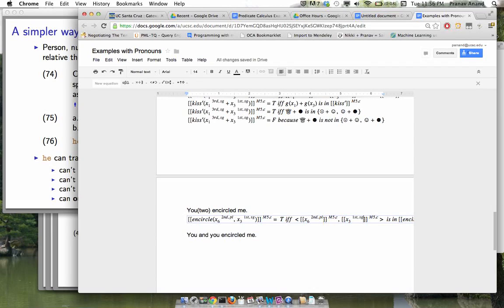Okay, and so this unfortunately, I need to try to find a way to do that, because you can't have multi-line equations in this.